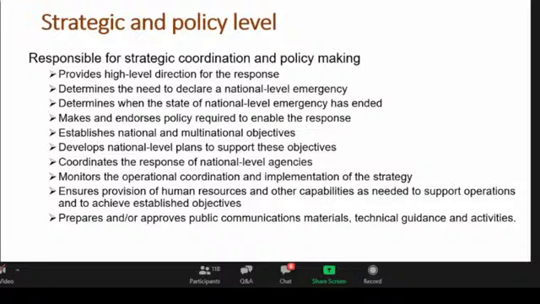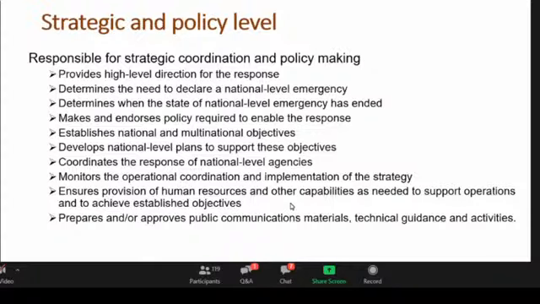Ensure provision of human resources and other capabilities needed. Prepare and approve public communication materials, technical guidance, and activities. So the Conops at this level should have a brief discussion about the arrangement of all the responsibilities.